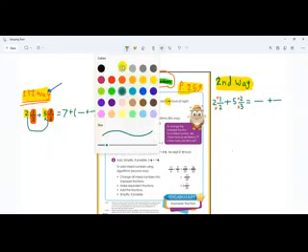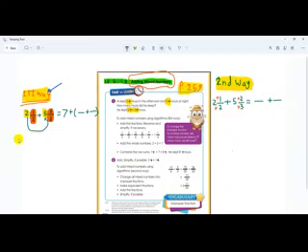If you remember from the last term, if we want to add unlike fractions, we need to make them like fractions by finding the LCM for the denominators. The denominators here are 2 and 3, so the LCM for 2 and 3 is 6.